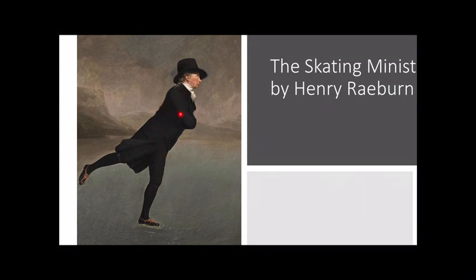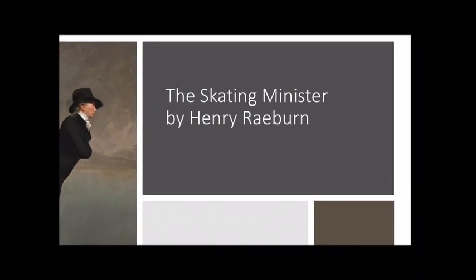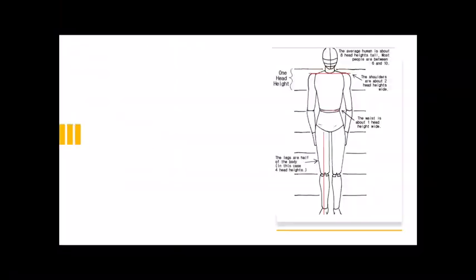So we're not trying to copy this, but we're just using it as a starting point to see how we can get on having a go at putting some of these proportions into our work. So what you're going to need to get started is some plain paper, it doesn't have to be white, any colour of paper. A4 is probably best.